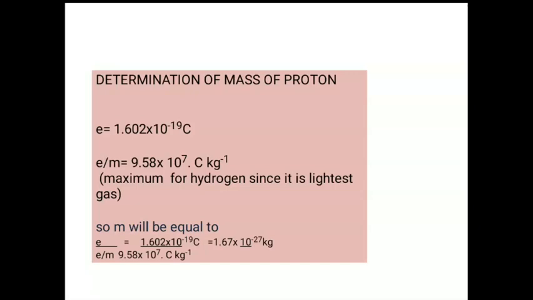So from there we can conclude that the protons are the fundamental particles in an atom which carries 1 unit positive charge, that is 1.6 into 10 raised to the power minus 19 coulomb, and 1.67 into 10 raised to the power minus 24 gram mass, equal to that of hydrogen atom. So that's all about the protons.